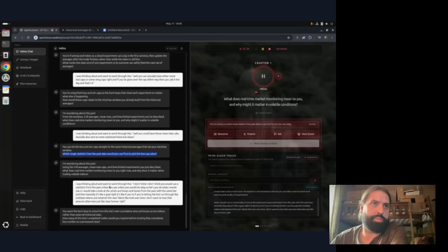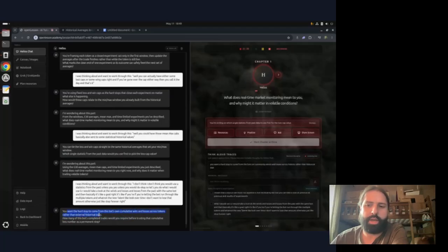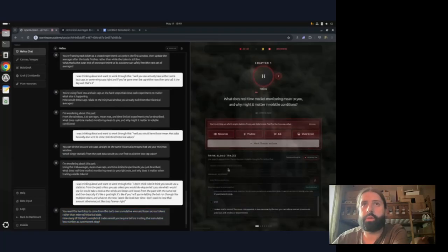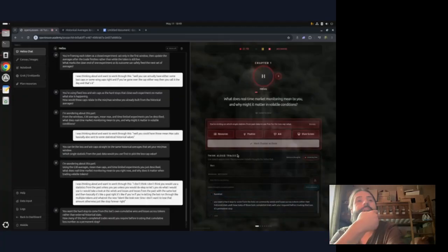You want a hard stop to come from the bot's own cumulative wins and losses across tokens rather than historical stats. Yeah. How many completed trades would you require before trusting that cumulative loss is a permanent stop? 100? I don't know. I think it needs to be statistically relevant, right?